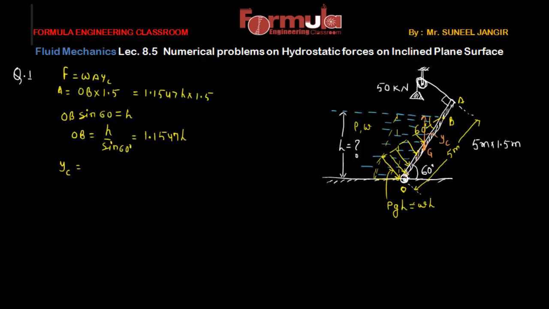In this case OG will be equal to OB by 2, that is half of OB. Or BG is also equal to half of OB. So here we can write that OG is also equal to BG, which is equal to OB by 2.